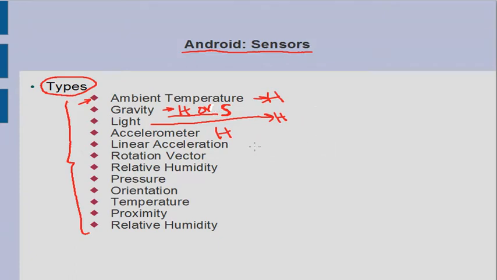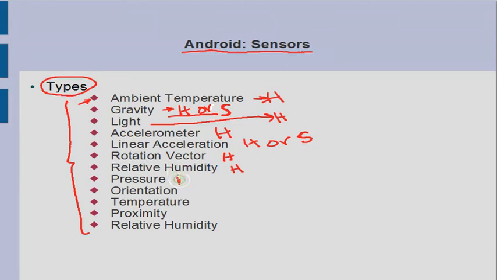Linear acceleration is either hardware or a software sensor. For example, something is coded, and based on some other parameters, you can find out the linear acceleration through a small Android code. Apart from that, rotation vector is also a hardware sensor. Relative humidity is also a tiny hardware device on the Android phone.